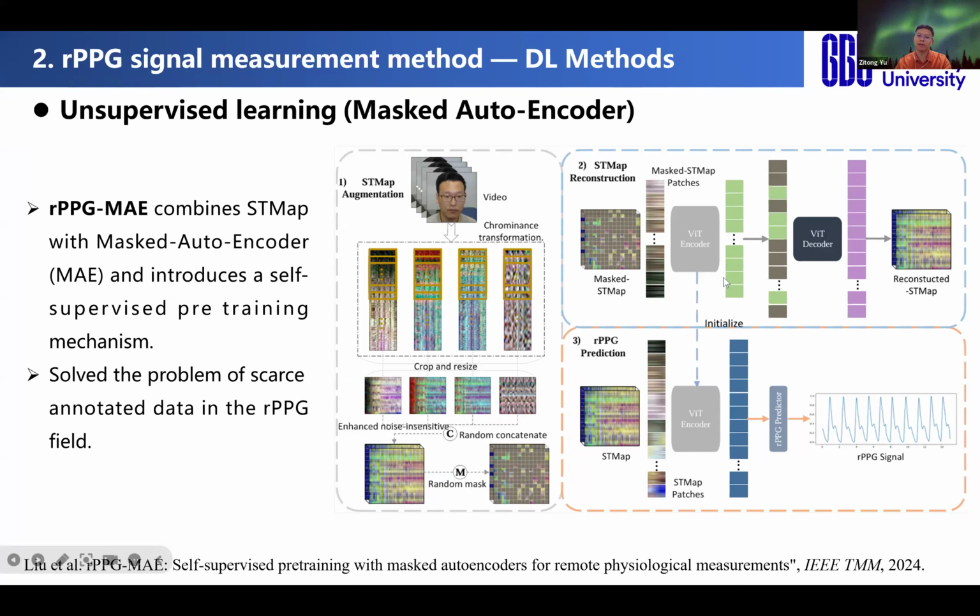So we think that from this self-supervised learning, the model knows what a periodic rPPG looks like in the ST map. After this pre-training, we use just a very short fine-tuning, and we can get a very promising result.